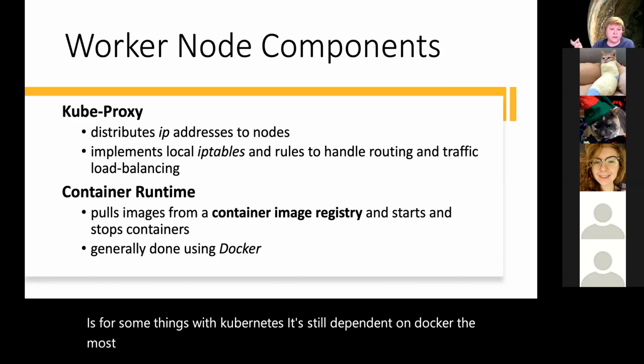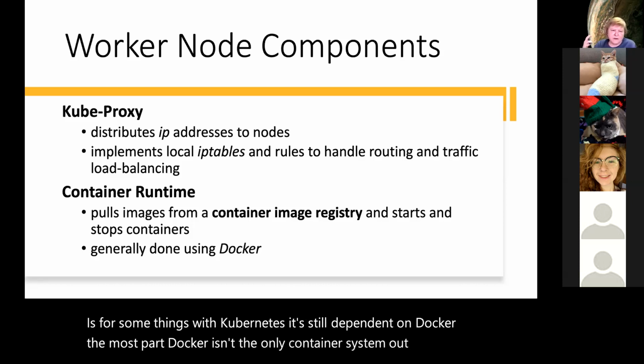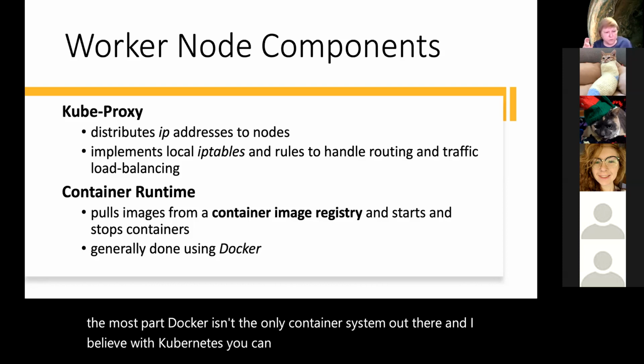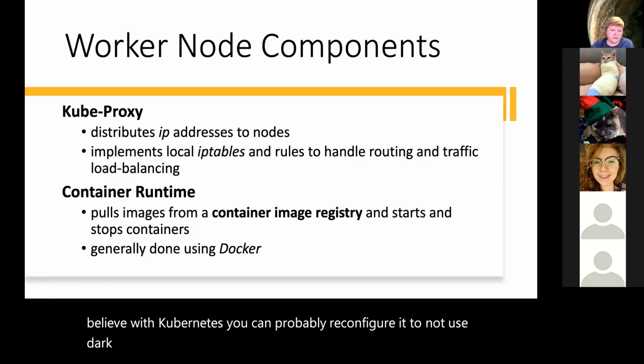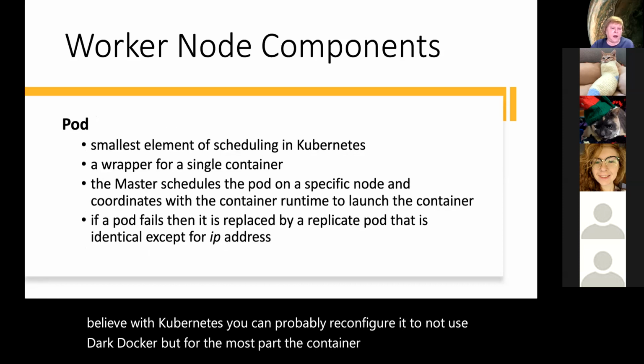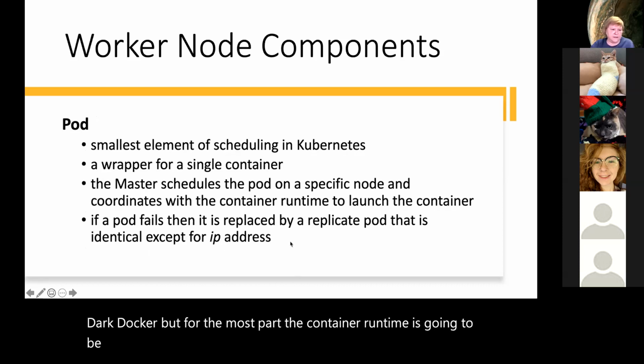Docker isn't the only container system out there, and I believe with Kubernetes, you can probably reconfigure it to not use Docker, but for the most part, the container runtime is going to be Docker. And this is controlling all the images.